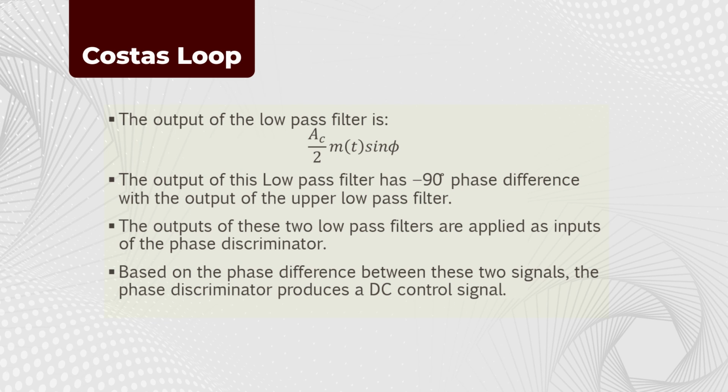The output of this low pass filter has a 90 degree phase difference with the output of the upper low pass filter. The outputs of these two low pass filters are applied as the input of the phase discriminator. Based on the phase difference between these two signals, the phase discriminator produces a DC control signal.